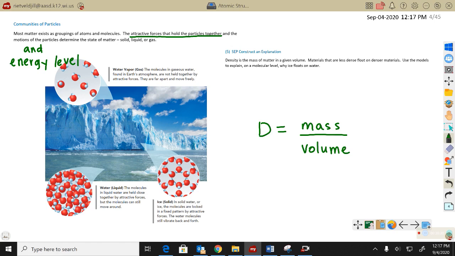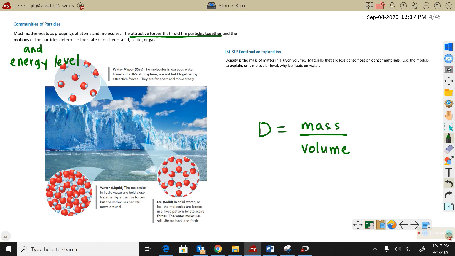And so maybe if I had 100 milliliters of water versus 100 milliliters of a different liquid, like maybe an oil or an alcohol or something. If I had the same volume and I put them on the electronic balance, I could find the mass, and then whichever substance had the highest mass per volume would have the highest density.